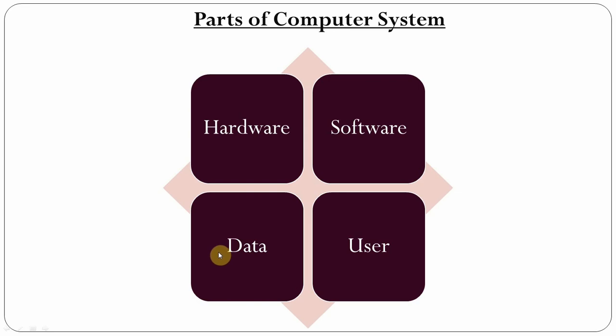They convert data into information that people can understand, such as text, numbers, sound, images, etc. So, data is the raw fact. Next part is the user. People are the computer operators. So, these are the parts of a computer system.